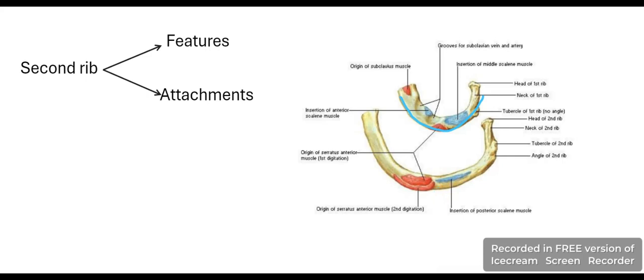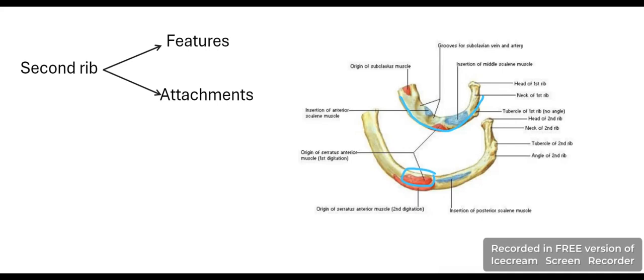Now the next point is, see, near the middle of this shaft there is a large tubercle. Okay, here. There is a large tubercle. This tubercle is a unique feature of the second rib.